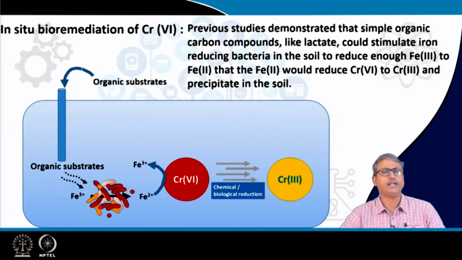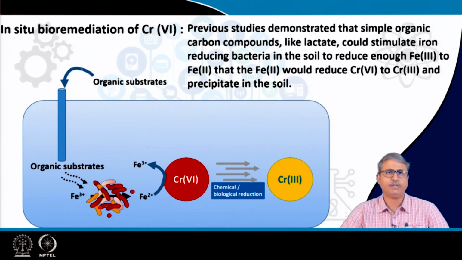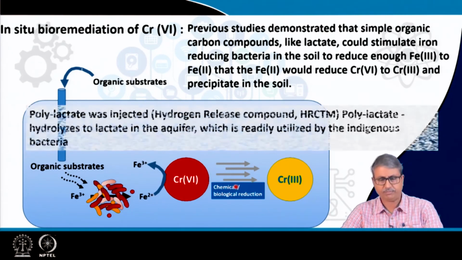These compounds might be available to all organisms. Of course, the iron reducing bacteria will be happy to utilize them along with sulfate and nitrate reducing bacteria as well, but we are more focused on production of Fe2+. So, Fe3+ will be reduced to Fe2+ by the iron reducing bacteria, and then the Fe2+ will be able to reduce chromium 6 to chromium 3.